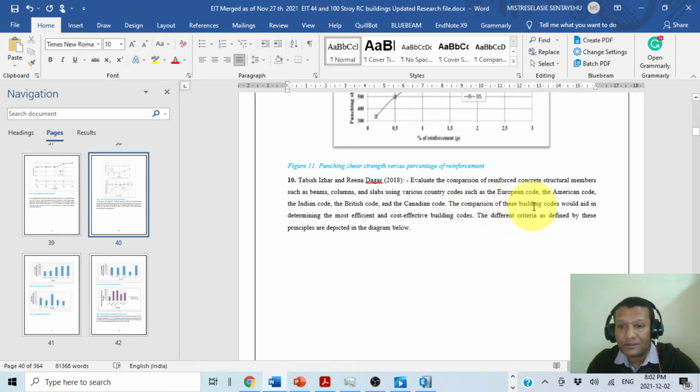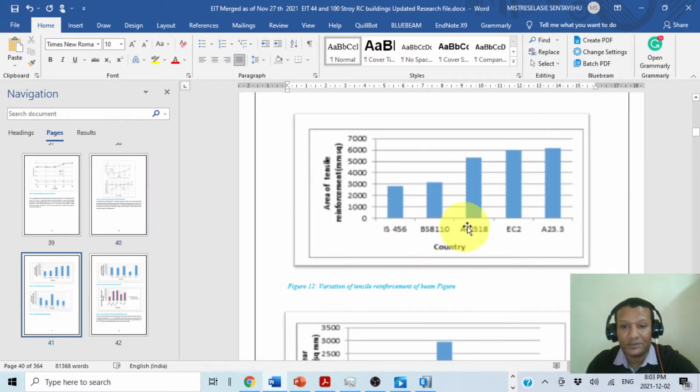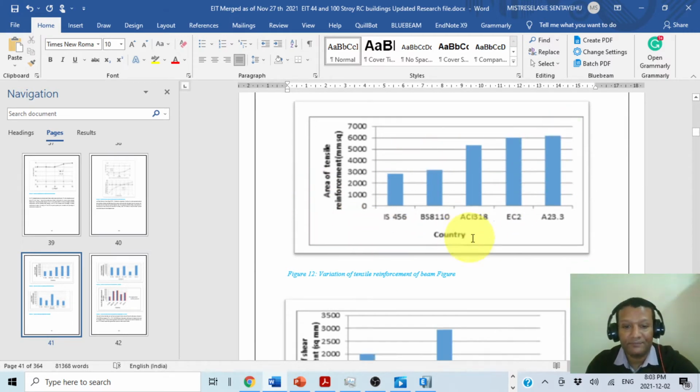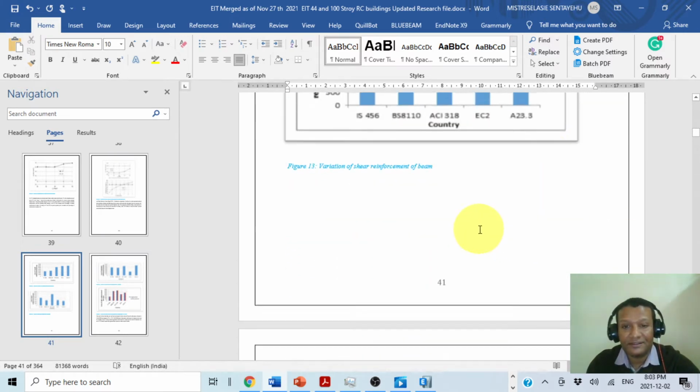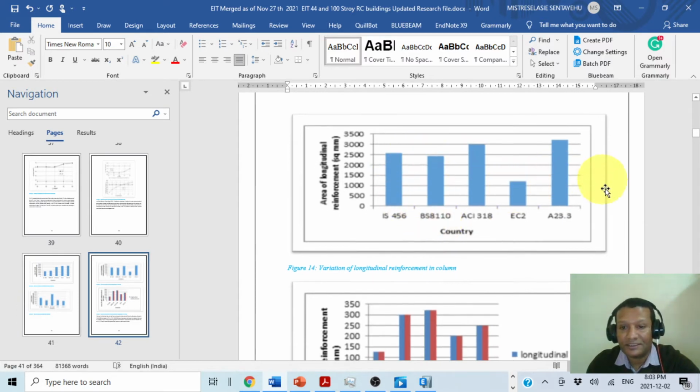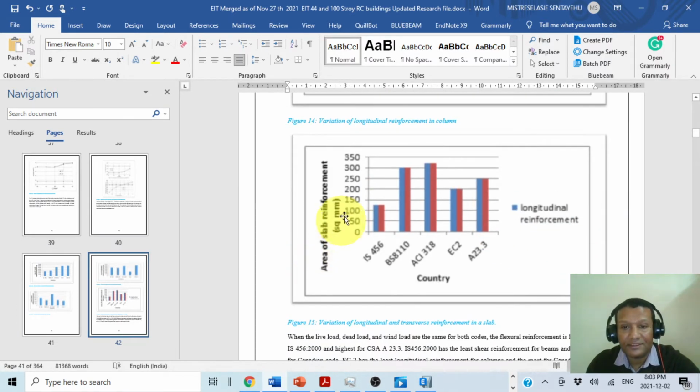So the comparison of these building codes would aid in determining the most effective and cost-effective building code. The different criteria found by these principles are determined in the diagram below. So as you can see, the variation of tensile reinforcement of beam, IS, BS, ACI, they compared it, and you see the difference. This is the difference as per the researchers.